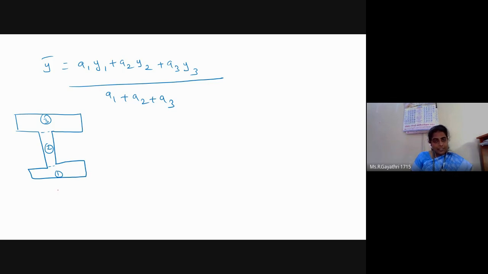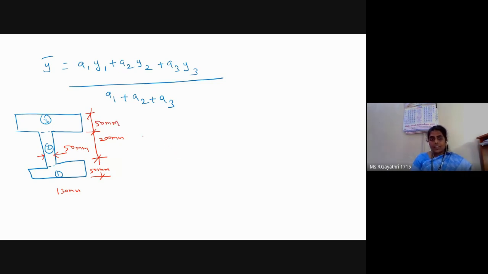This is 130 mm, 50 mm, 50 mm, this is 200 mm, this is 50 mm.